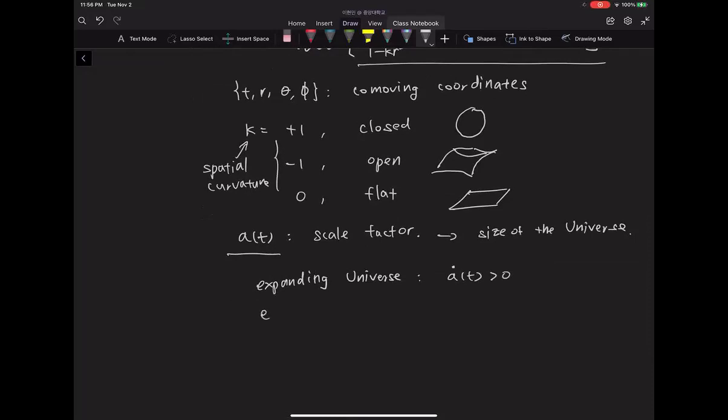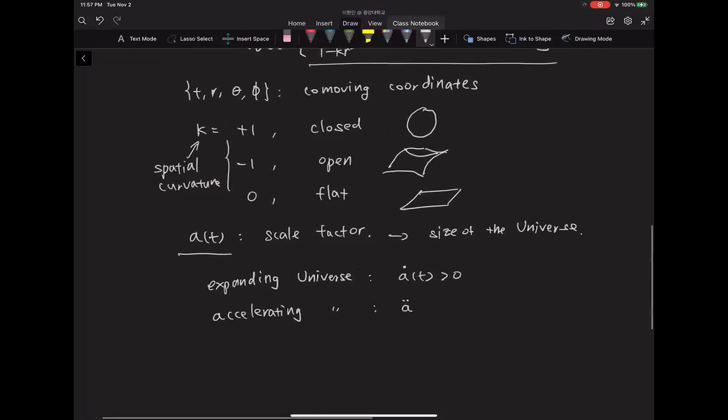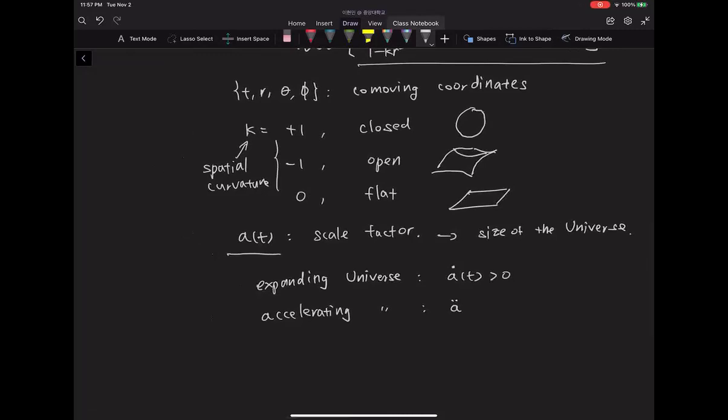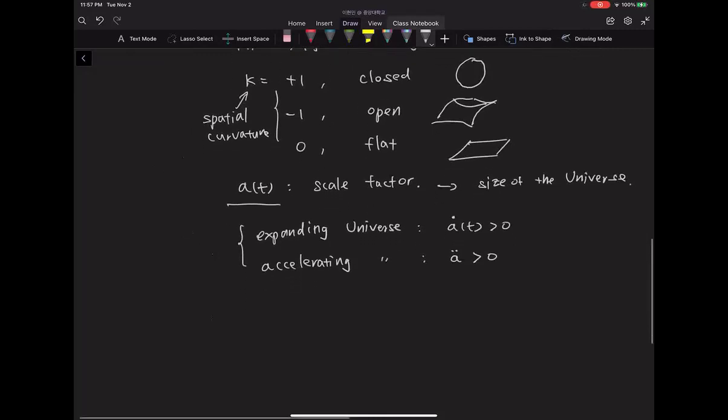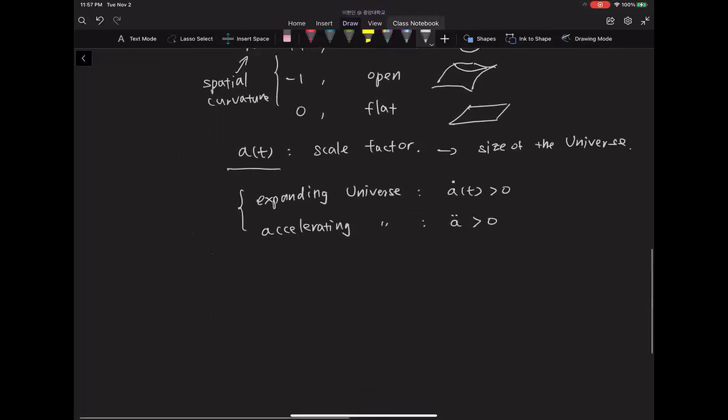And if the universe is accelerating, the double derivative is also non-zero. So accelerating means the double derivative is greater than 0. So we are living in a universe which is accelerating.